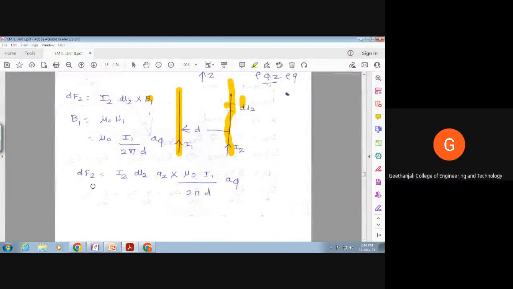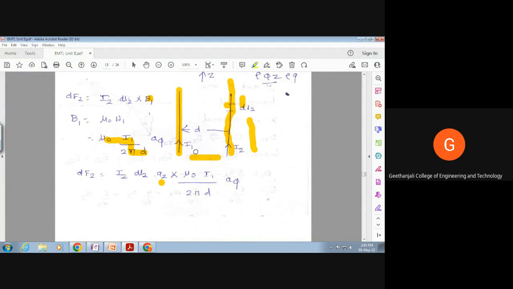So let us substitute here. dF2 is equal to I2 dl2. What is vector dl2? What is the direction? The direction is az, because I2 is also flowing along the direction of az. So the direction of dl2 is nothing but the direction along which the current I2 is flowing, az, cross B1. What is B1? Mu naught into I1 by 2 pi d aφ. So az cross aφ means it is going to be minus aρ.